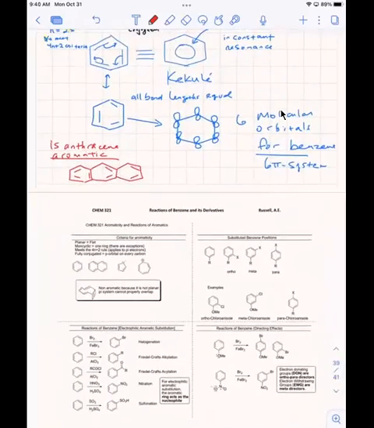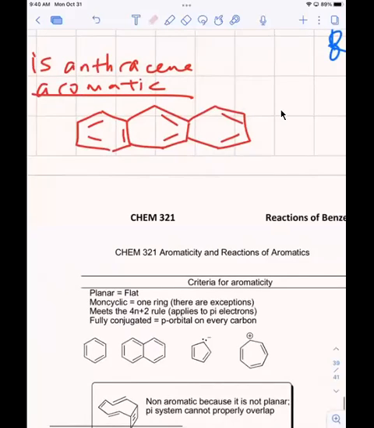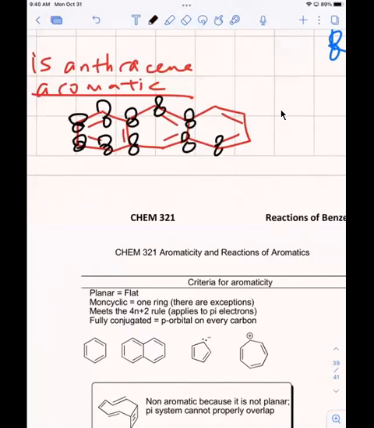It's going to be planar. It's not monocyclic, but it's an exception to that. Is it fully conjugated? We put a p orbital on each carbon in here. Would every carbon get one? Let's see. Right, so you can see it's fully conjugated.